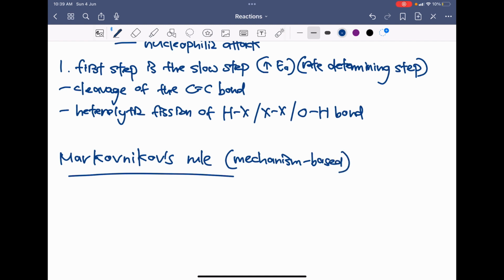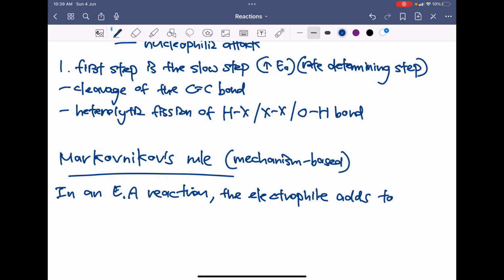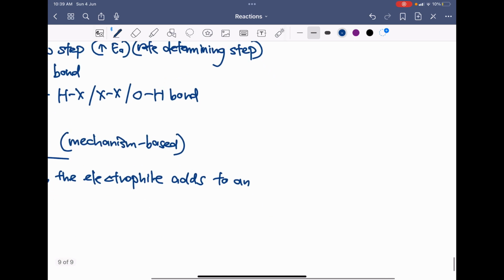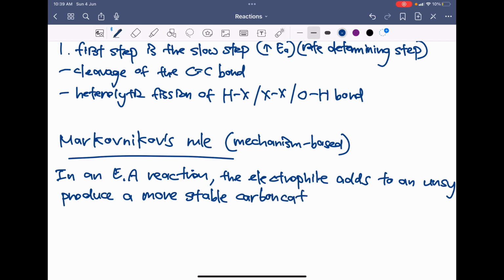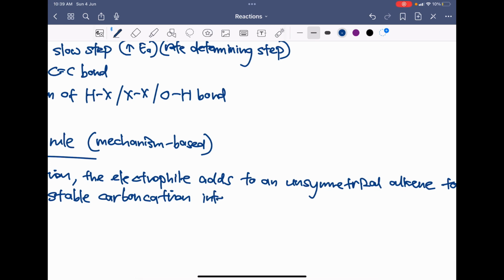So what does mechanism-based Markovnikov's rule say? In an electrophilic addition reaction, the electrophile adds to an unsymmetrical alkene to produce a more stable carbocation intermediate.